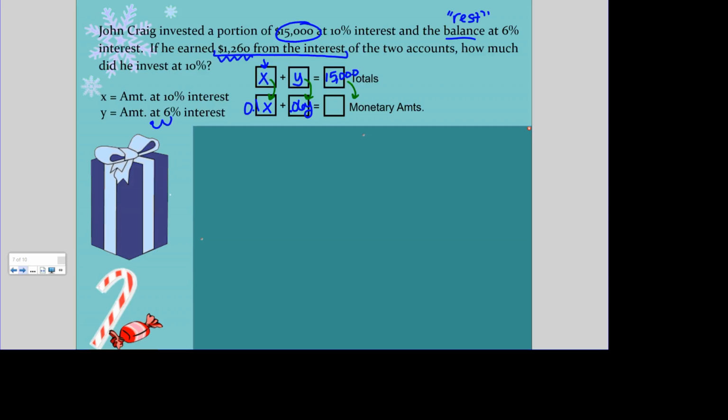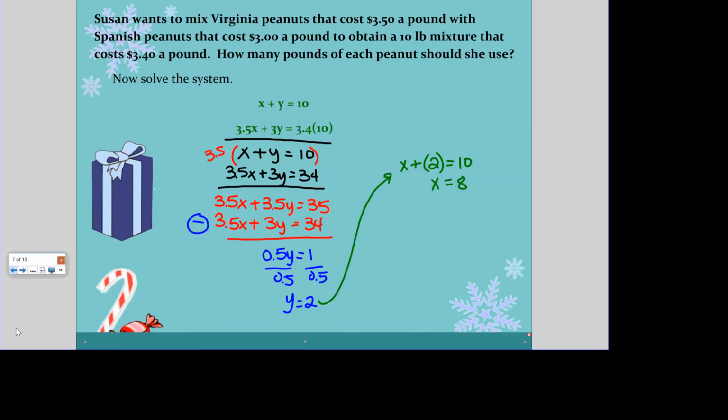What you're told is actually how much money was earned at the end from the two accounts, and that's $1,260. So the slight difference here is that this second equation is just equal to 1,260. In the previous equations, you were having to calculate this percentage or monetary amount.